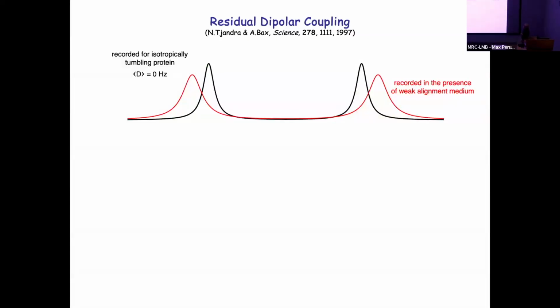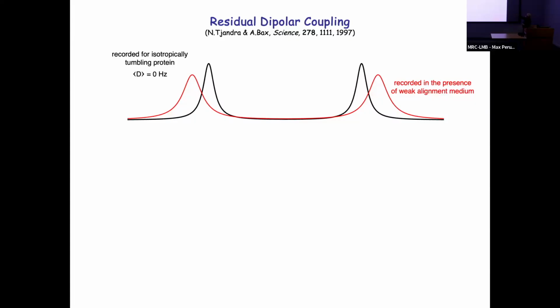The residual dipolar couplings we alluded to before, what we do is we measure the splitting. This in black is the splitting that we would get for an NH pair in the absence of any adulteration of the medium. So that's just where the D value, this dipolar coupling value, is 0.